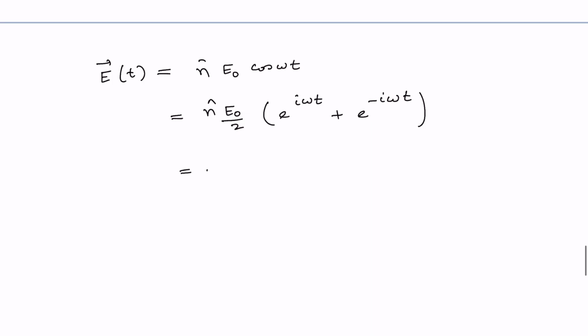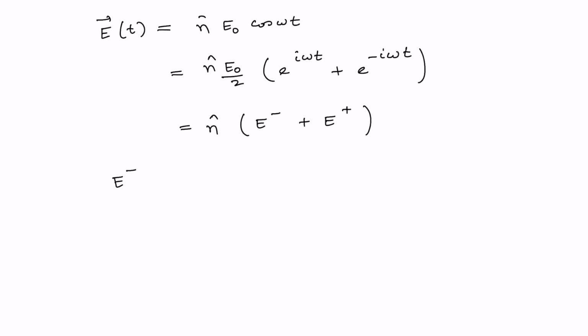I can also express this as η (E⁻ + E⁺), where E⁻ is E0/2 e^{iωt}. E⁻ is put there because it represents that part of the electric field which oscillates at negative frequency.